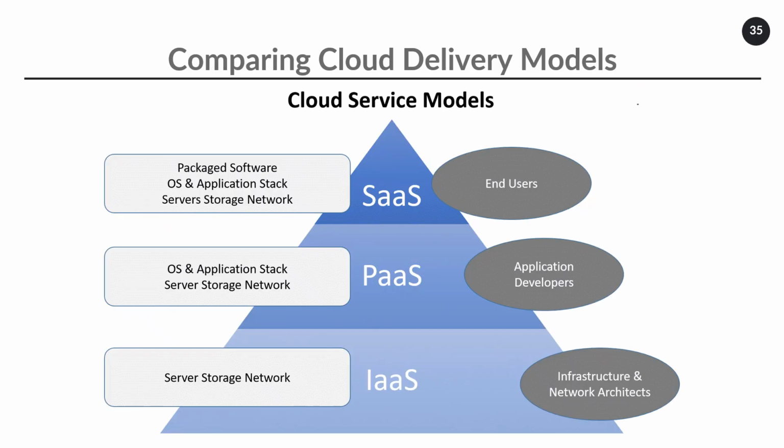So just to provide you with another comparison and another example of the different delivery models and the users of each model. For example, for infrastructure as a service, infrastructure and network architects are the most common users, right? And the provider provides a server, storage, network, and everything to support the infrastructure. Now, platform as a service, you have application developers as users.